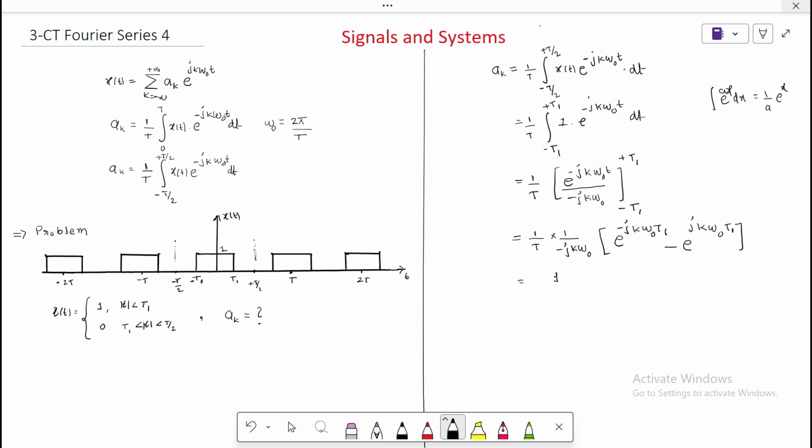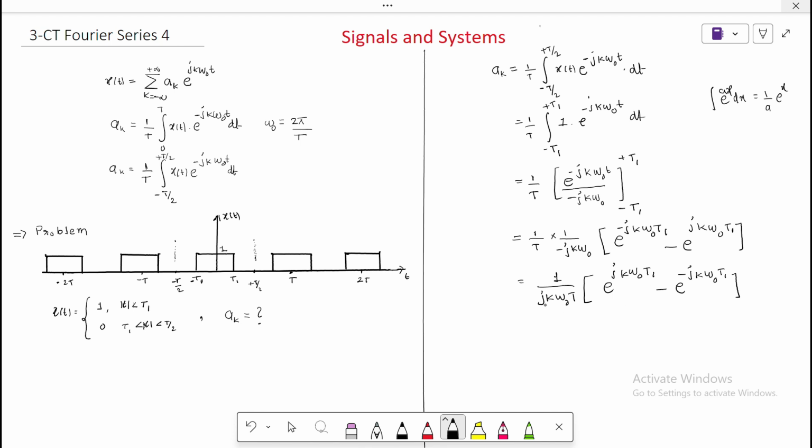Multiplying the minus into the bracket, we get 1 by jk omega naught T times e power jk omega naught T1 minus e power minus jk omega naught T1. This is the formula e power j theta minus e power minus j theta by 2j, which becomes the sine function.